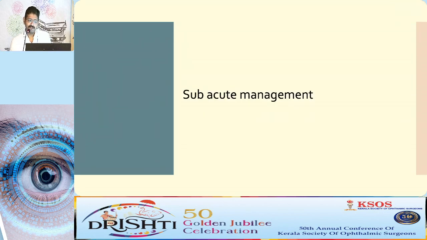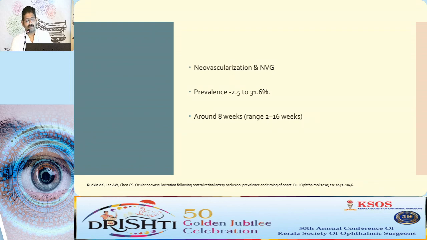Now, the subacute management is to prevent the development of neovascularization and neovascular glaucoma. The prevalence of neovascularization in a case of CRAO is very debatable. Literature states that from 2.5 to 32% of cases can develop neovascularization. The range in which they can develop it is about 2 to 16 weeks.